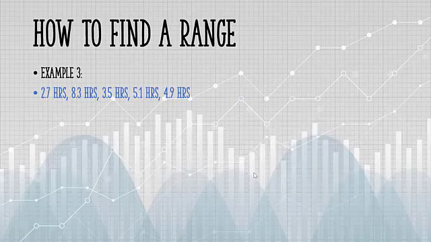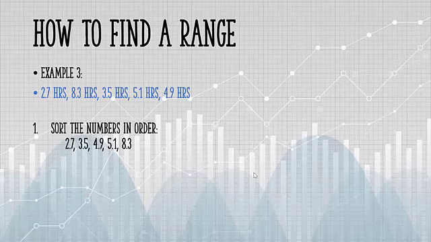In this next example, I have hours. For a moment, let's ignore the hours or whatever other units you might have in the problem, and let's just concentrate on the numbers. Sort them in order from smallest to largest. My smallest number is 2.7, and that goes all the way out to 8.3.